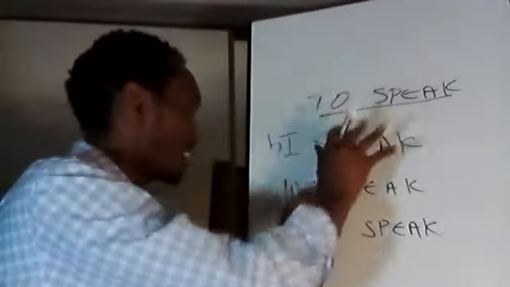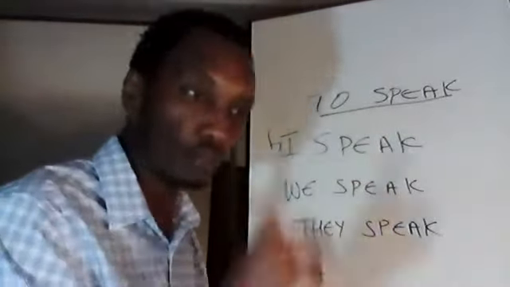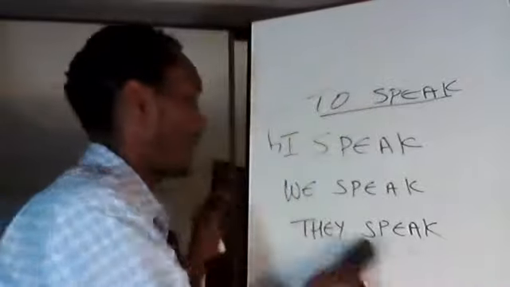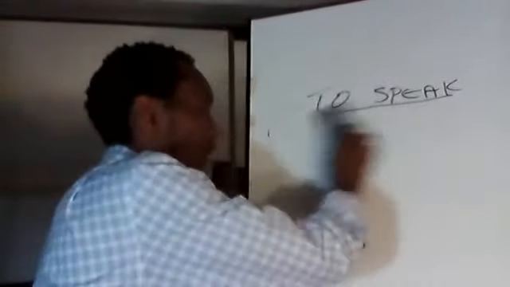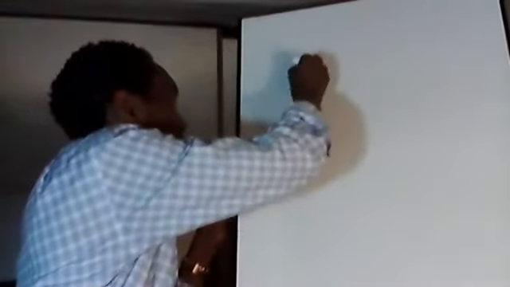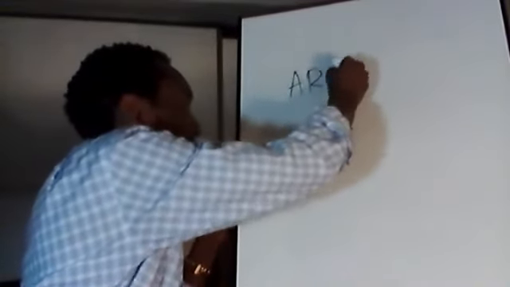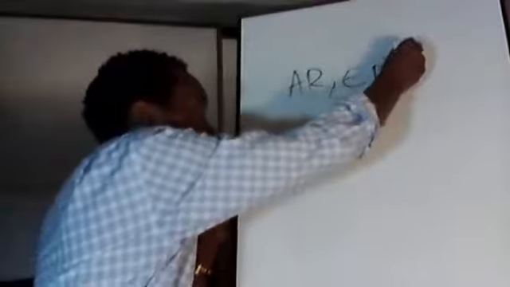You are able to assign a subject. So the same rule applies in Spanish. And like I say, every verb in Spanish, it doesn't matter what verb it is, is either going to end in AR, ER, or IR.